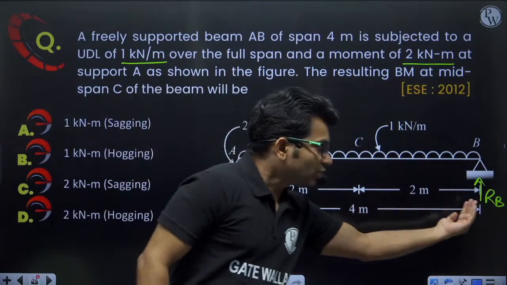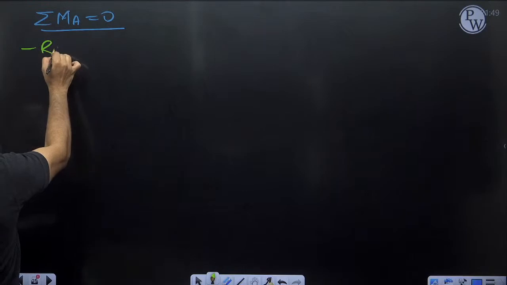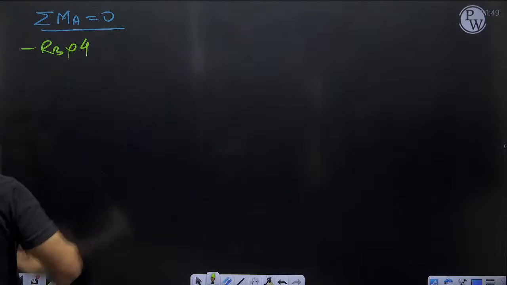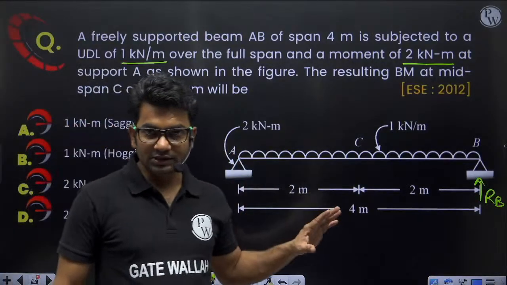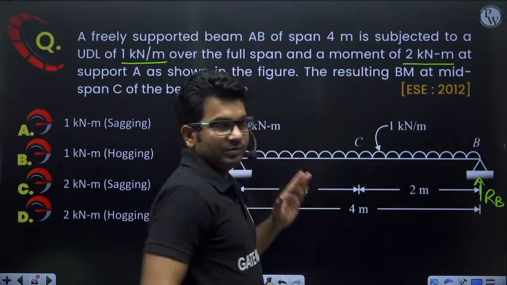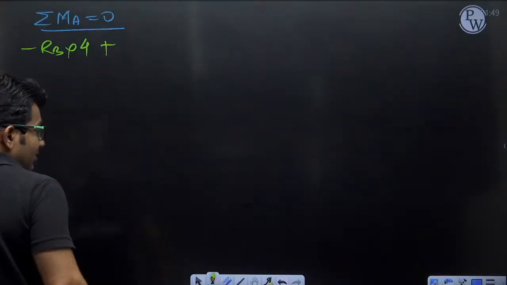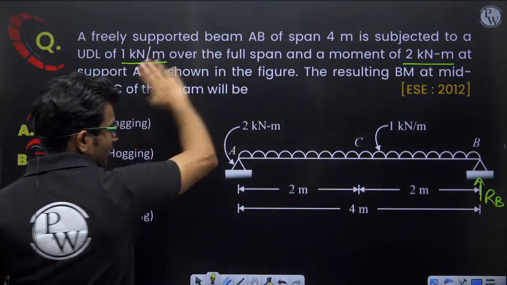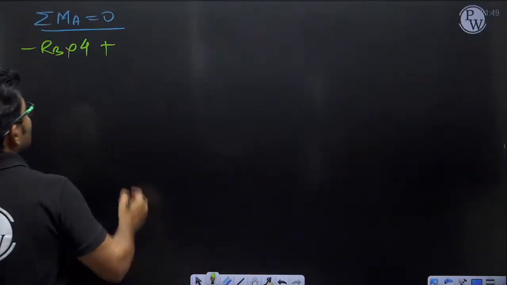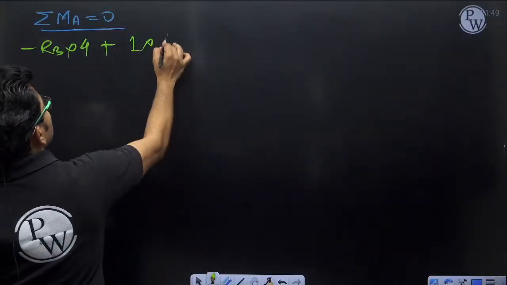Now, because of RB, I will be getting negative, anti-clockwise. So minus RB into the perpendicular distance, 4 meter. Plus, at this location the moment due to UDL will be WL square by 2. It will be plus because we are getting clockwise rotation. The value of W is 1, so 1 into 4 square by 2.